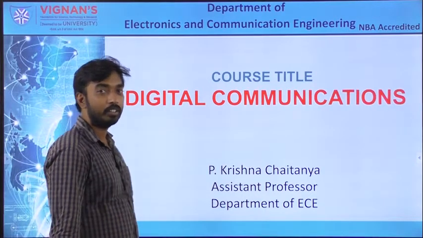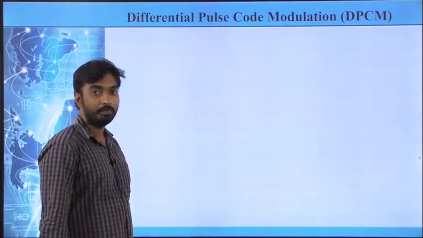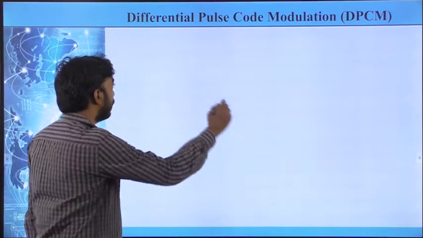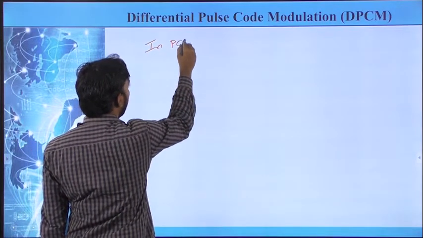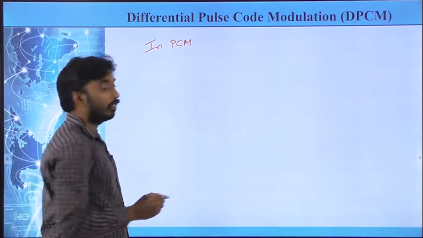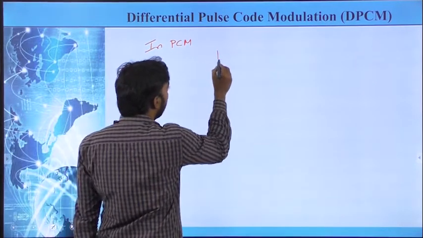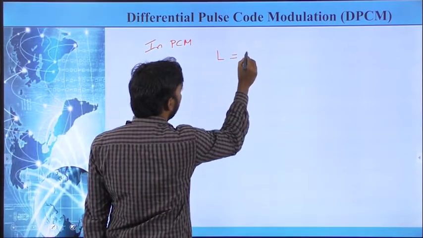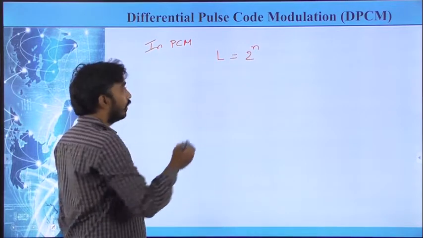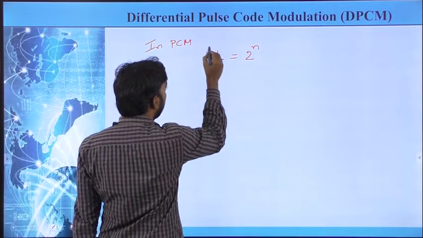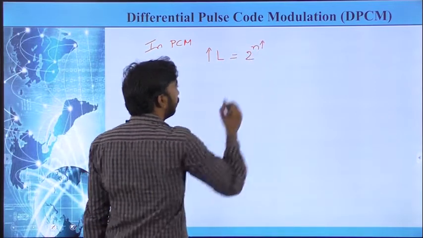Today we are going to discuss differential pulse code modulation. In PCM, the number of bits depends on the number of levels. If the number of levels increases, the number of bits increases.